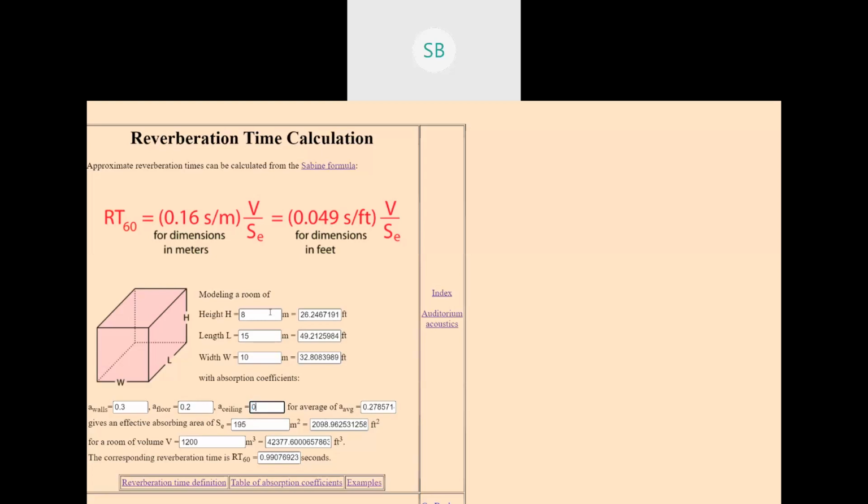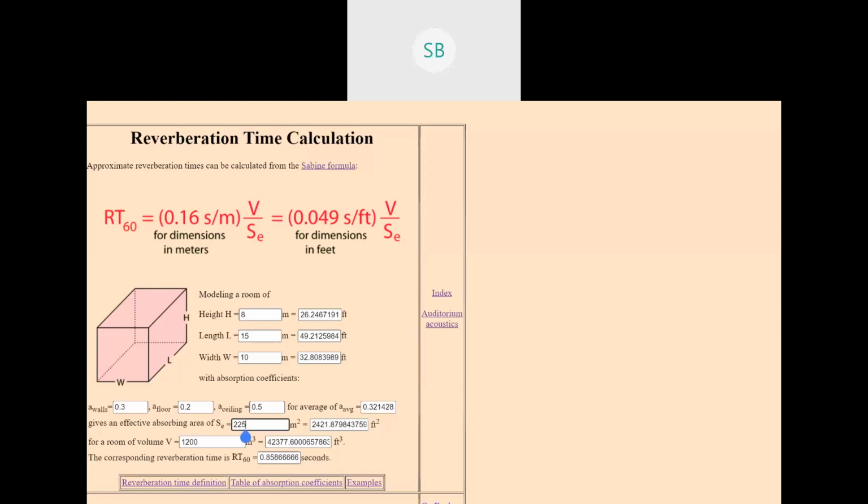There are some standard figures for that, but just for the sake of calculation we are considering these arbitrary figures. So here we can get the A average, which is 0.3214.